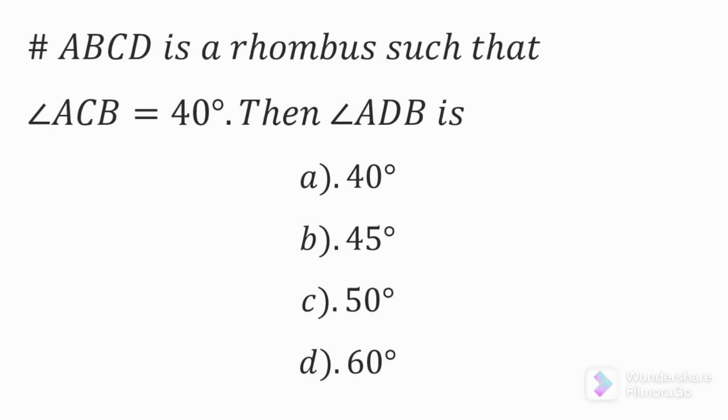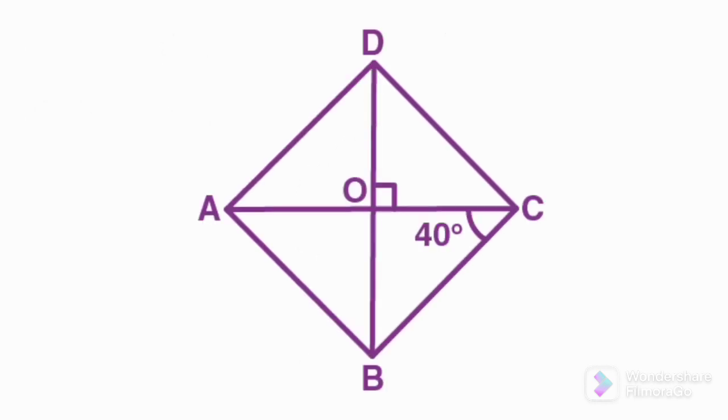ABCD is a rhombus such that angle ACB is equal to 40 degrees. Then angle ADB is, the options are A 40 degrees, B 45 degrees, C 50 degrees, or D 60 degrees. Consider a rhombus ABCD given that angle ACB is equal to 40 degrees.